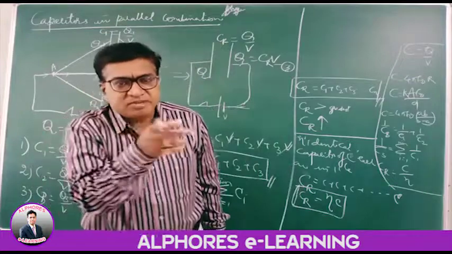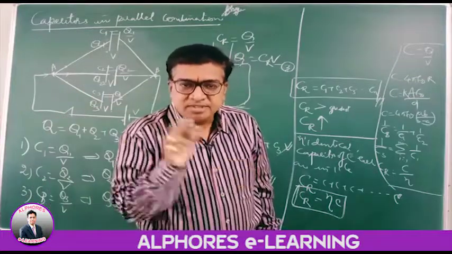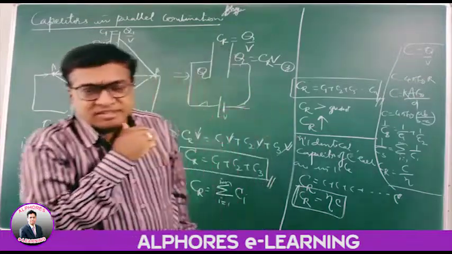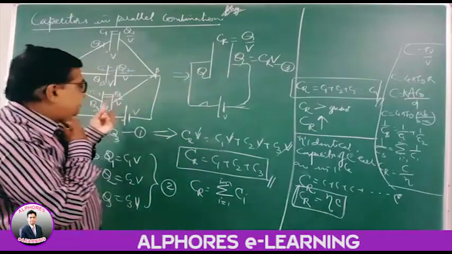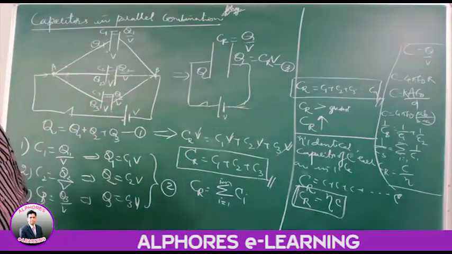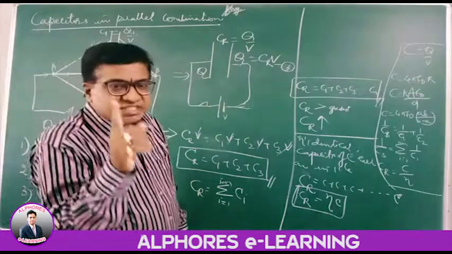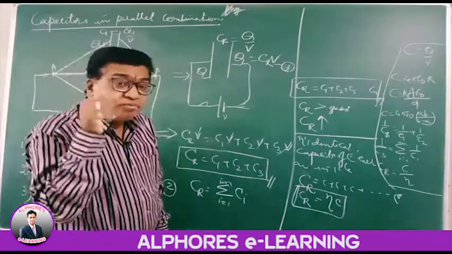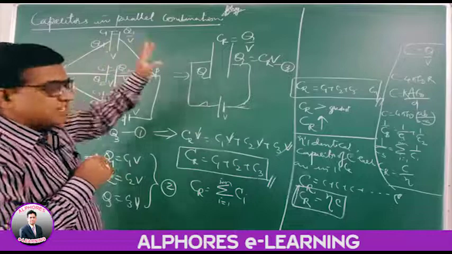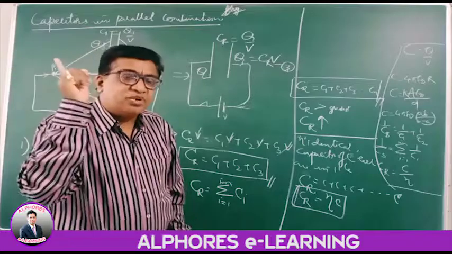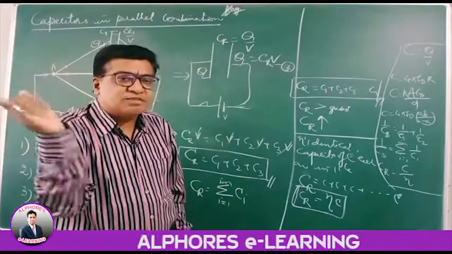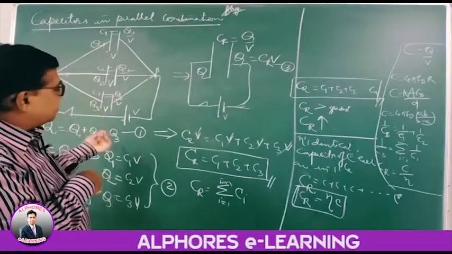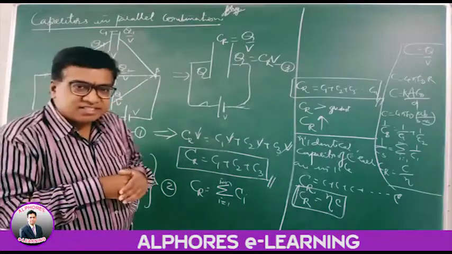Plus to minus, plus to minus, plus to minus like this. In parallel combination, potential is constant, but in series combination, charge is constant. There the potentials are different. Here, charges are different. In series, total potential is the algebraic sum of the individual potentials. Here, the total charge is the algebraic sum of the individual charges.